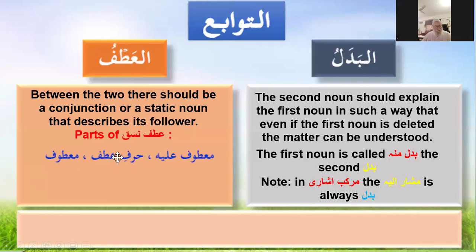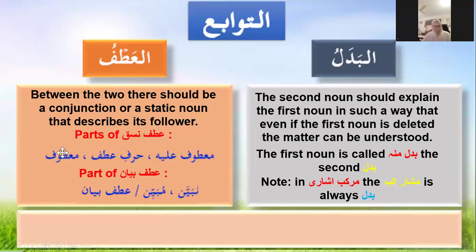There is a harf atf, then followed is the matuf. And the part of atf bayan: in that there is an atf bayan followed by a word. This word may be bayyan or mubayyan. So there are two types of atf. One is called atf nasaq, the other is called atf bayan.